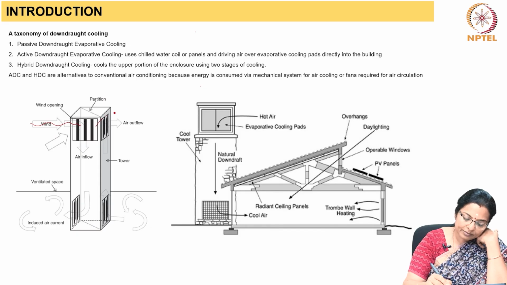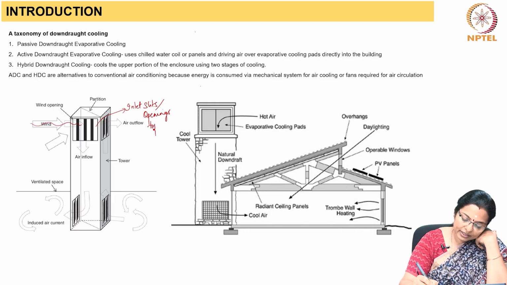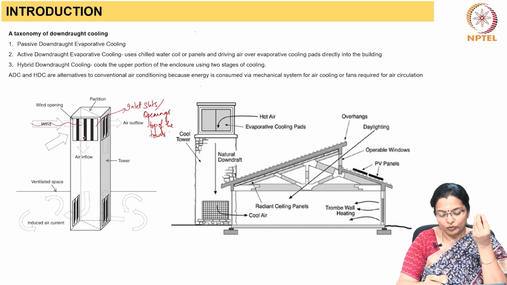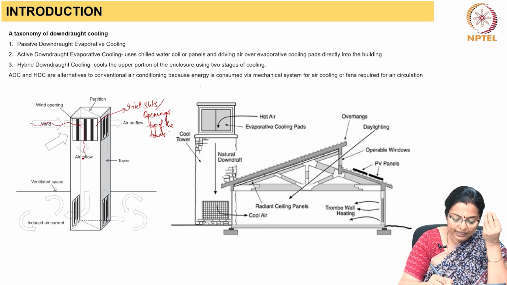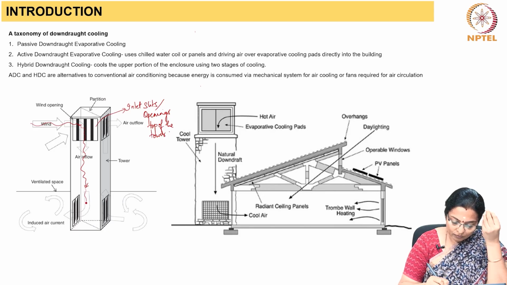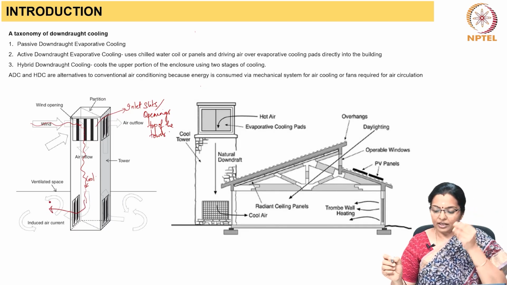So there are these inlet slits or openings, which is located at the top of the tower, and then there is a system which could add mist or humidity which makes the air heavy, and the heavier air which becomes cool flows down and enters the room.